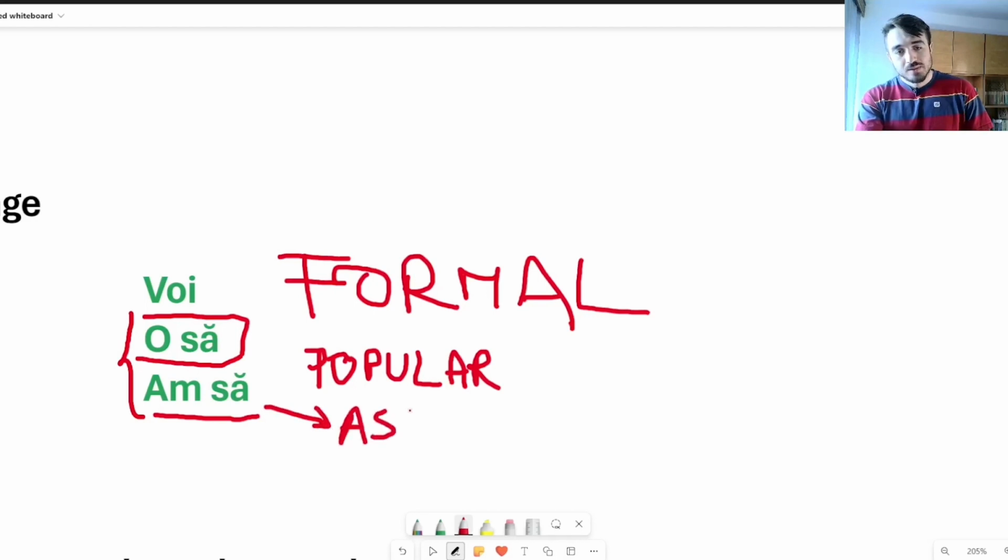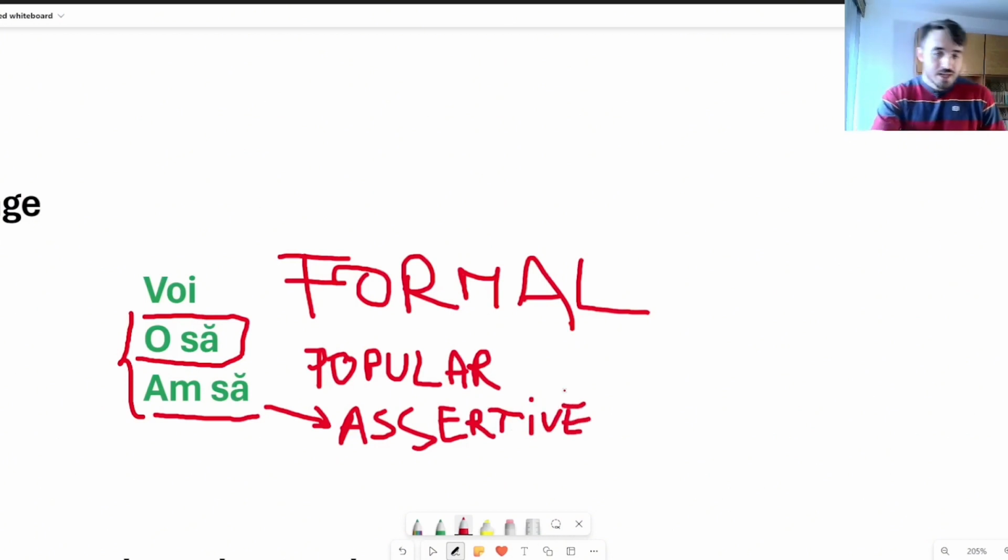It sounds a bit more assertive when you use it. Like you are a bit more confident that whatever this action is that you're saying, like for example, am să merg, you want to, or you're confident that you're going to take the steps into going. Whether it will fail or not, and some spontaneous plan will come on the way, that is about to see, but you are quite confident that will happen.